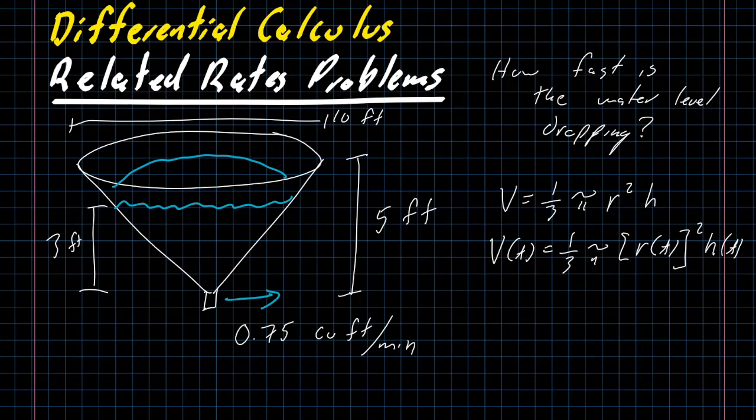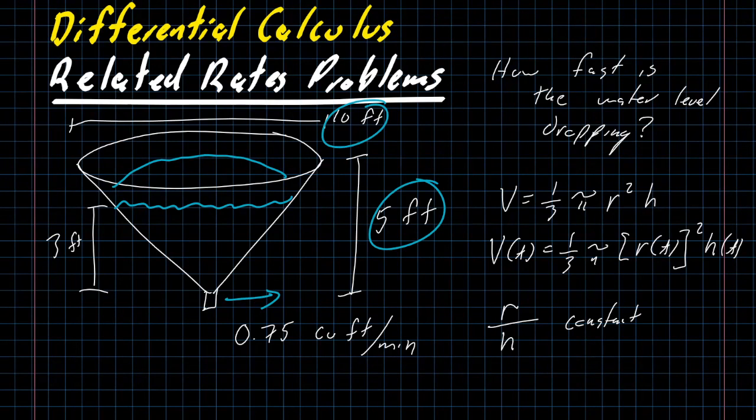I know that these things are going to be the case. Another thing that I know is from the geometry, the ratio of the radius to the height has to be constant. So that's something I can take advantage of, knowing this.